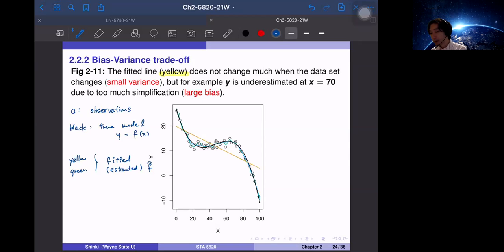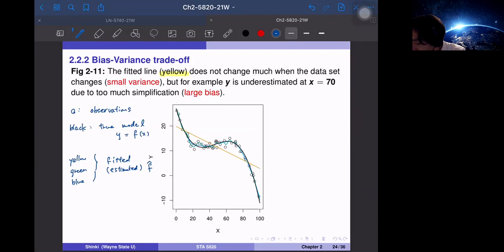The blue line probably fits a quadratic function, maybe a 3 or 5-degree polynomial to fit these observations. And the green one is very flexible, maybe they used a 20-degree polynomial or something.